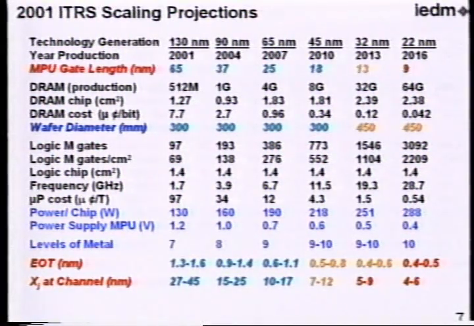But I want you to look at this one first, because in the front end of the line, the major items, EOT, for example, and channel, the junction depths and so forth, and the wafer diameter and the gate length, those are really tied to what we're doing in the front end, along with the chip power and power supply changes.